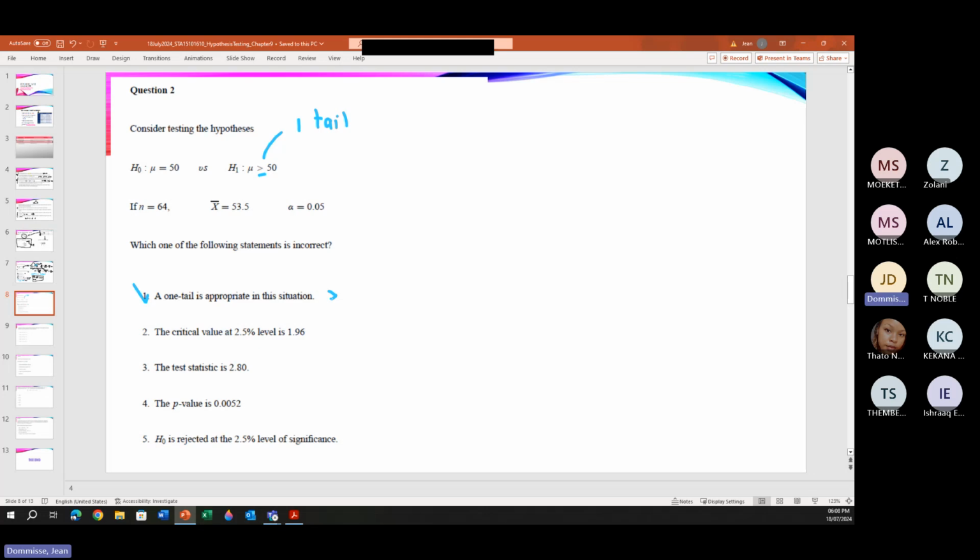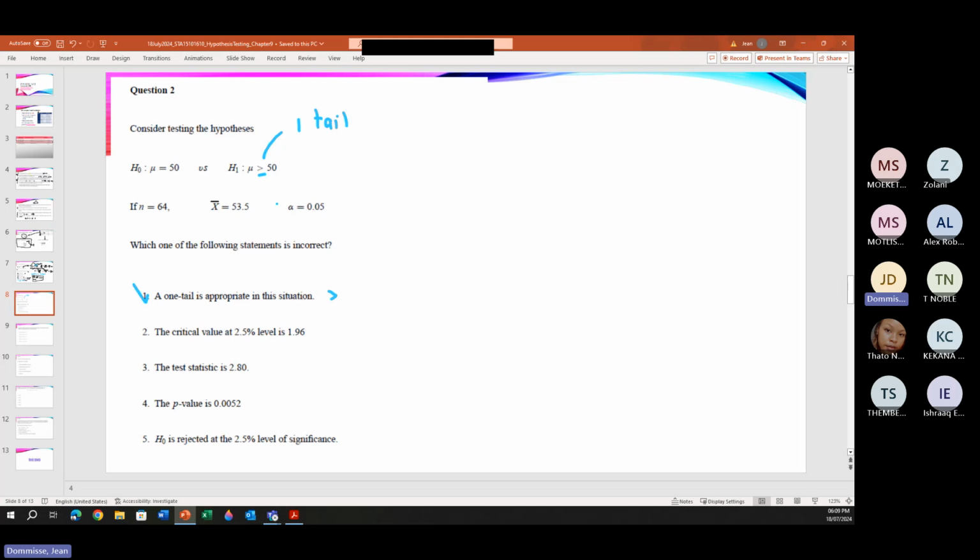Then what else do they give us? Okay, this is interesting. So we don't get a standard deviation.